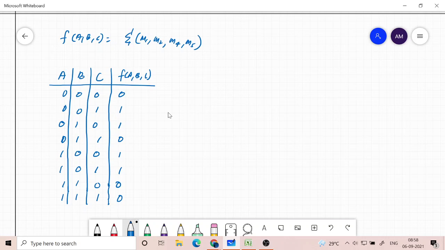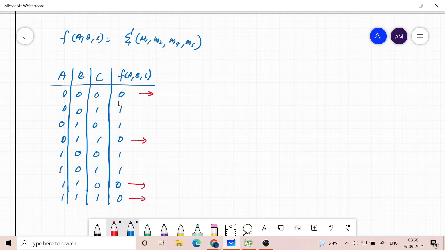Now we are going to look at an alternate way to specify this Boolean expression. How can we do that? Look at the occurrences of 0. How can you get the 0 from ABC? When A equal to 0, B equal to 0, C equal to 0, we should get a 0. Now we are looking at all the cases of 0. There are 4 cases of 0.